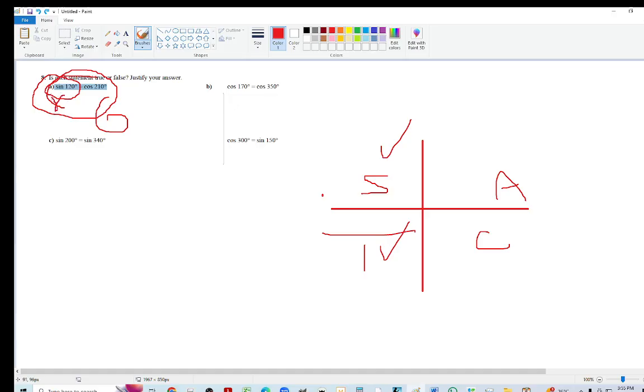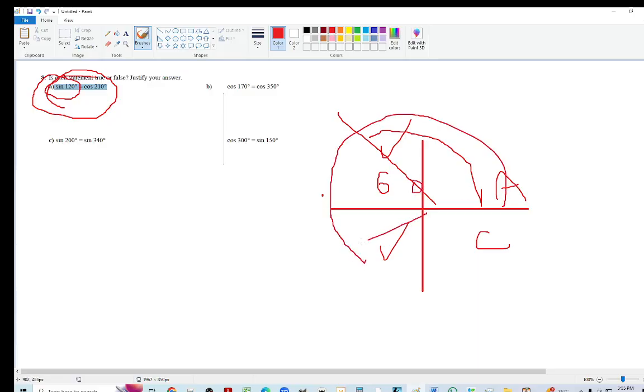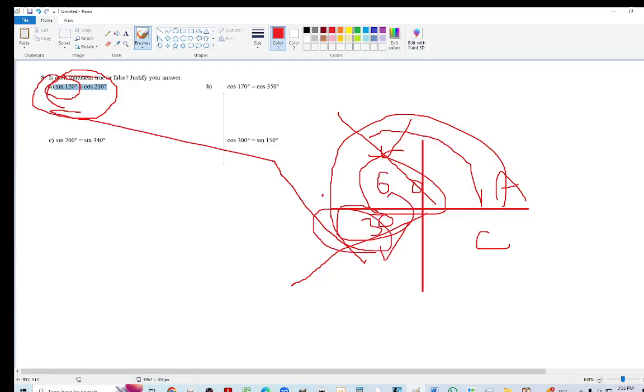Their acute angles are 60 and 30. The other argument you can make is that 120, which goes from here, forms an acute angle of 60, and 210, which goes to here, is 30 from 180. While you can have some values of cosine equaling the values of sine, it is impossible to have a positive value here and a negative value here.